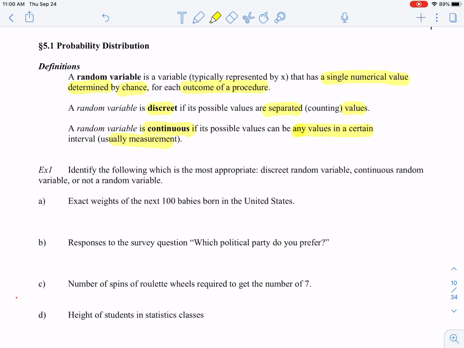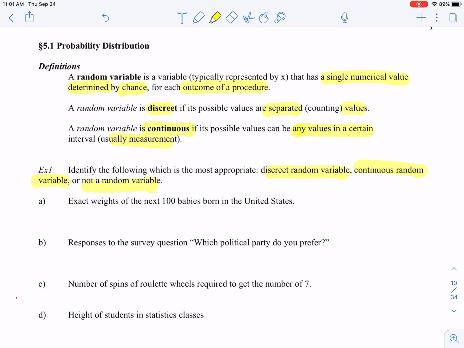Let's look at example 1. How do we determine if a given value or variable is indeed a random variable, and whether the random variable is discrete or continuous. So it said identify the following which is the most appropriate: discrete random variable, continuous random variable, or not a random variable. So if we look at procedure of determining exact weights for the next 100 babies born in the United States.